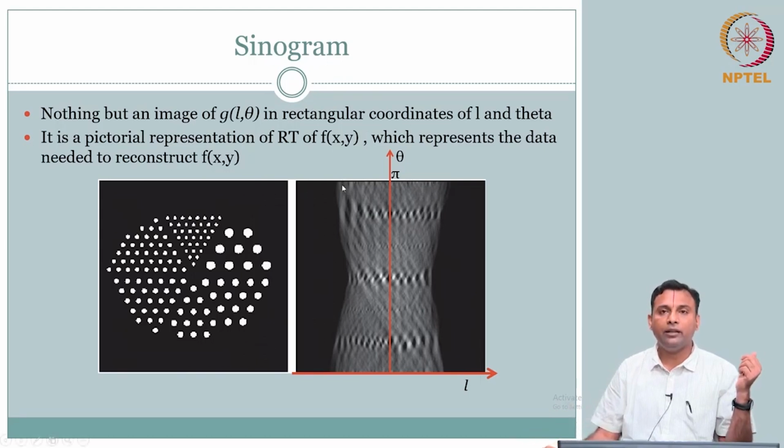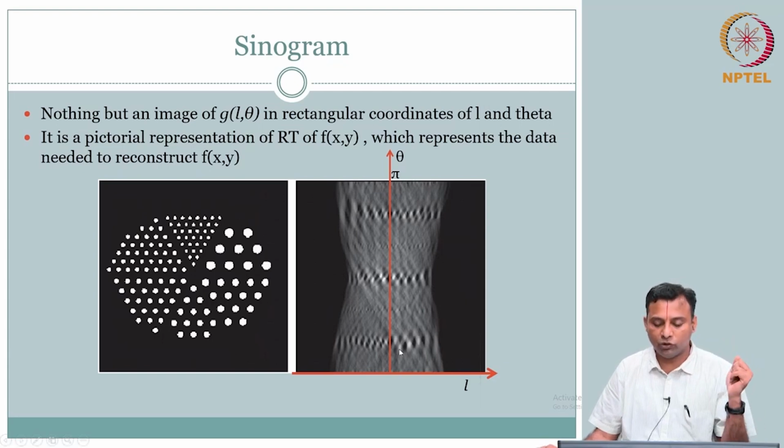And so, typically this sinogram plot has L and theta, and theta usually is just less than pi, and you have several views depending on your stepping size, how many different views you are stepping through, that is going to determine this axis.